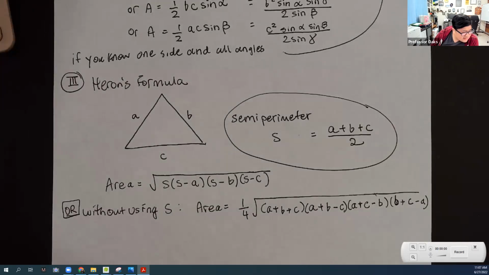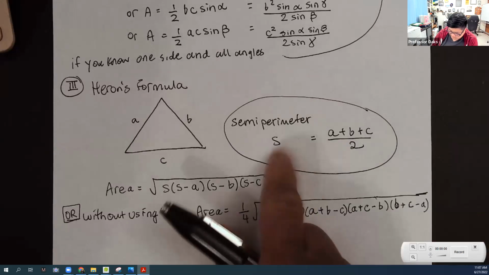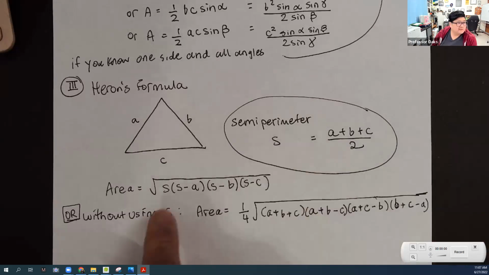No, but that's right. So I don't know if you really need to do it that way, but if you don't remember what S is, then you might want to. Otherwise, it's not that big of a deal.